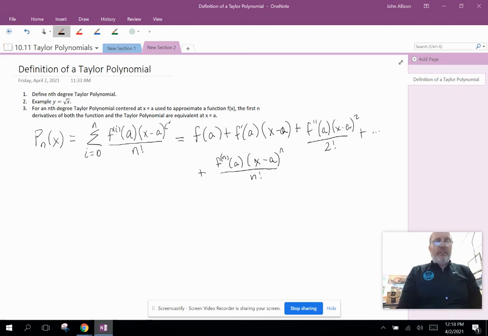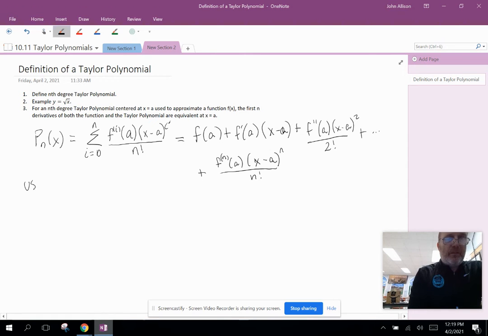So let's look and see how that works with an example for the function y equals the square root of x. There are some points that we know, so we're going to use this to estimate a Taylor polynomial.